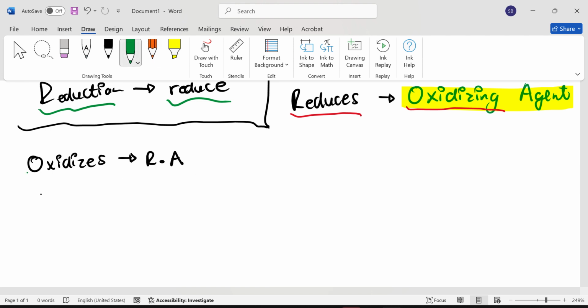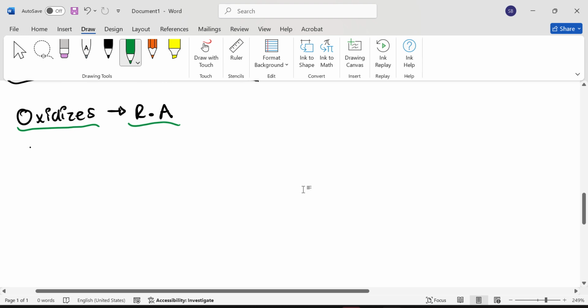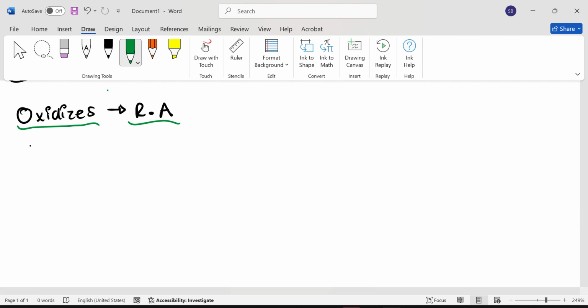I need you to be very careful with this one. Just a typical example: say we have a reaction between magnesium plus oxygen, and this gives us magnesium oxide.